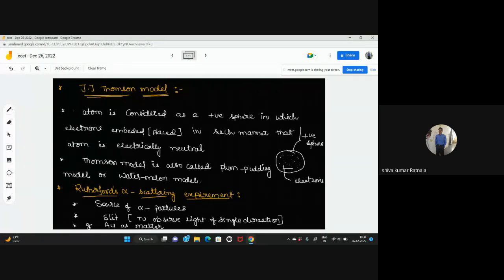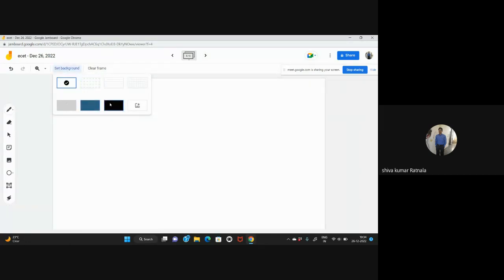AU means gold. And one more he has taken a fluorescent screen, which is made of a zinc sulfide screen.